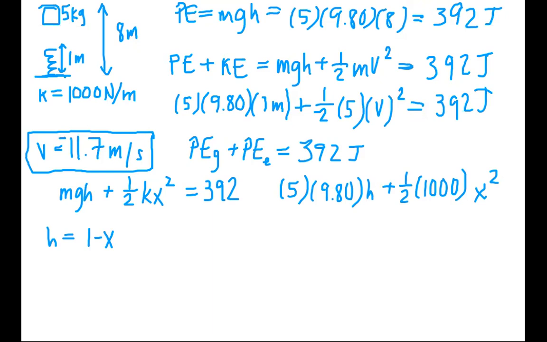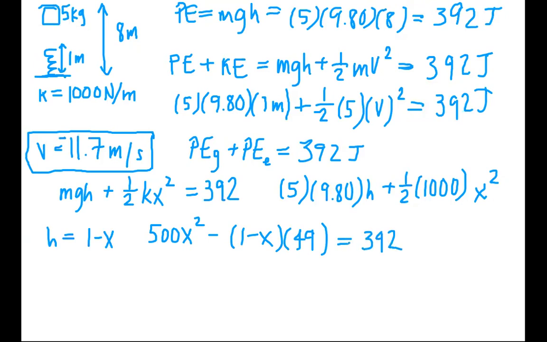So solving now, I get 500 x squared minus, let's see, 1 minus x, 1 minus x times 49 equals 392.